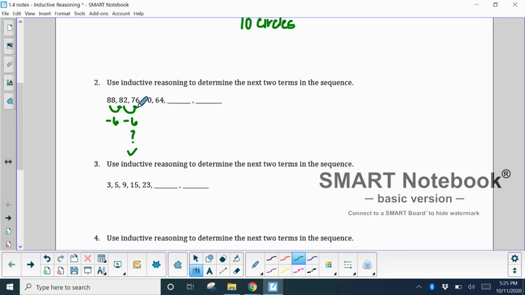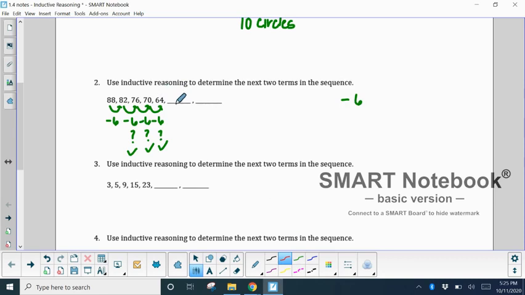And if I do 76 minus 6 again, do I get 70? Yes, I do. And if I do 70 minus 6, do I get 64? Yes, I do. Because this pattern works every time, I know the pattern here. My pattern is to subtract 6 every time, and that's going to help me figure out these next 2 terms.